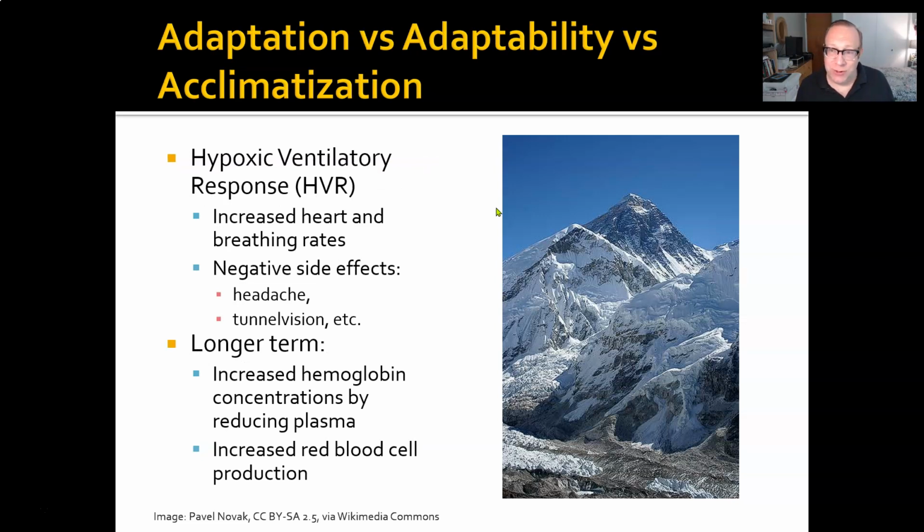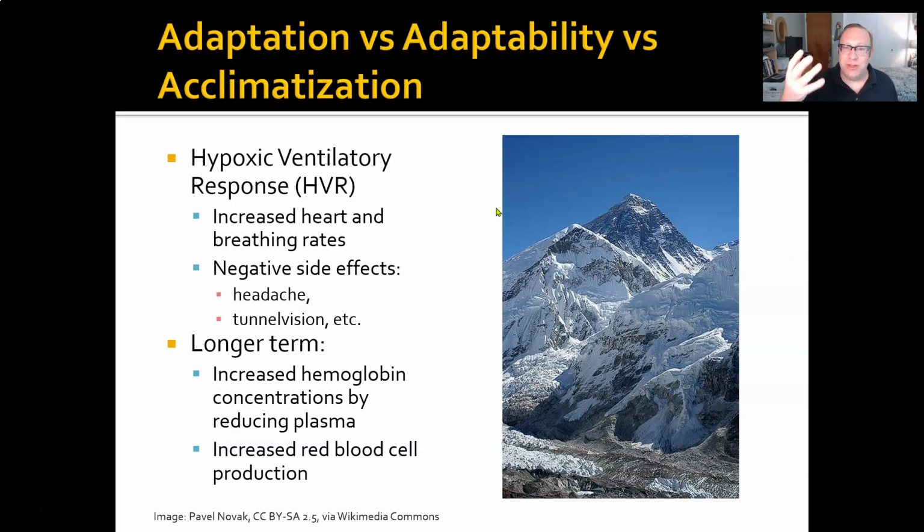Hypoxic ventilatory response, although it is better in Andean and Himalayan people who live in the Himalayas, it is something all of us have. So the HVR starts with increased heart and breathing rates.